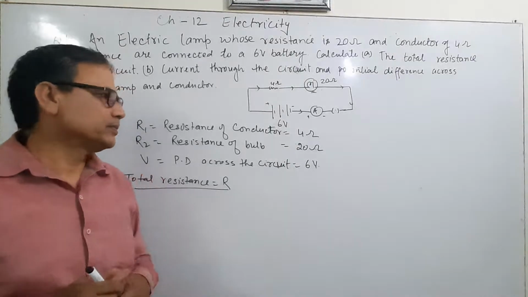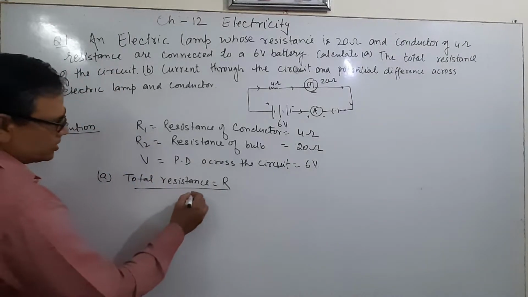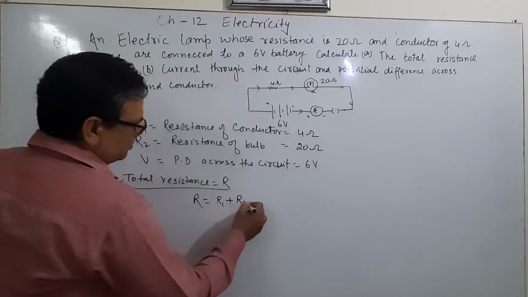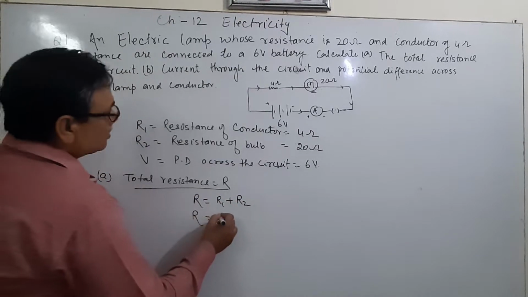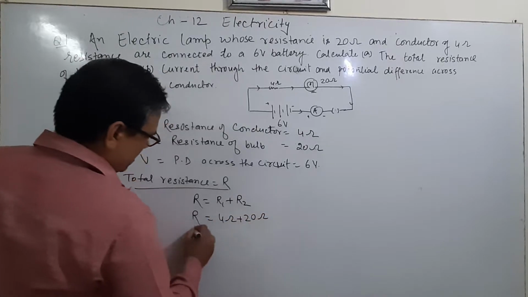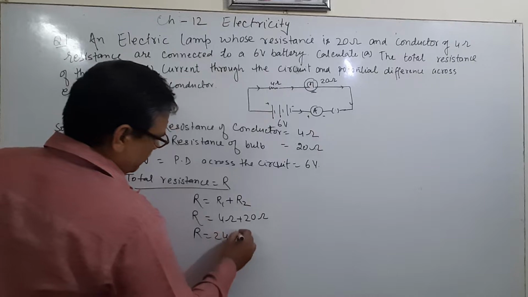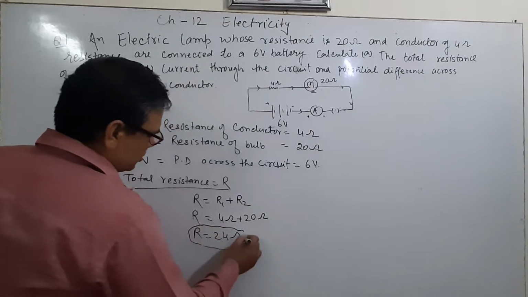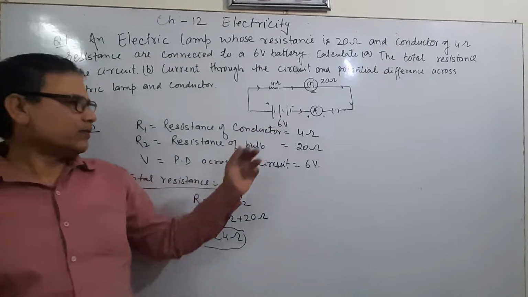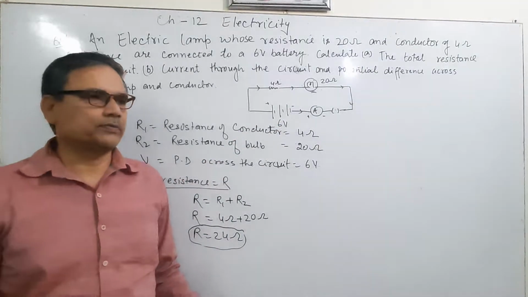Then the total resistance R is equal to R1 plus R2, so R is equal to 4 ohm plus 20 ohm, and R is equal to 24 ohm. This is the total resistance of the circuit when they are connected in series.